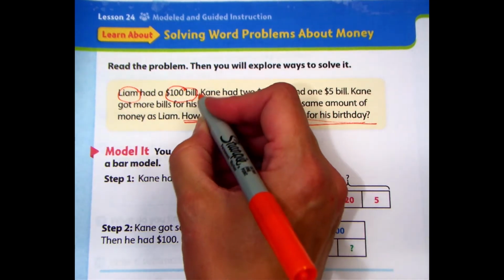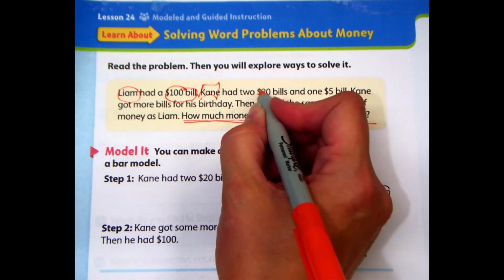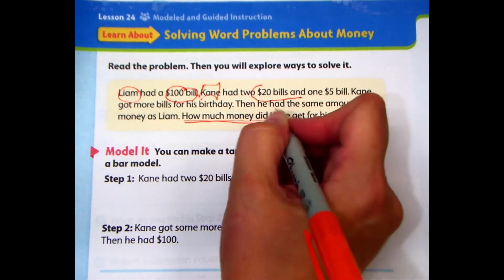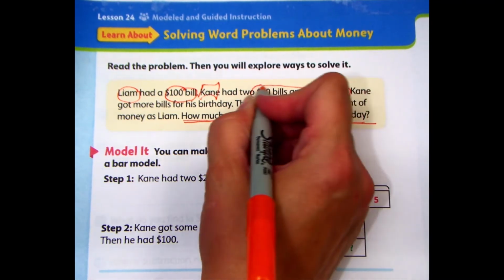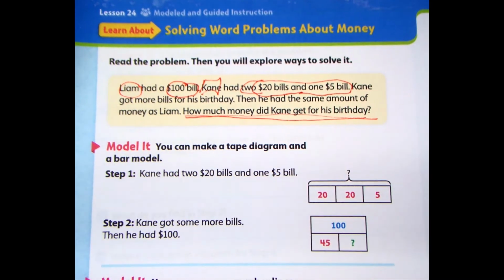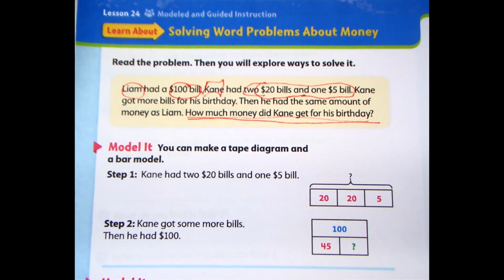I know Cain here had two $20 bills and one $5 bill. And then I also know that Cain got more bills for his birthday, which gave him the same amount as Liam.